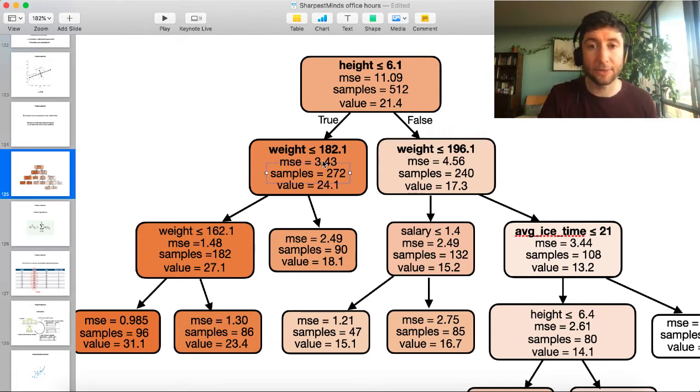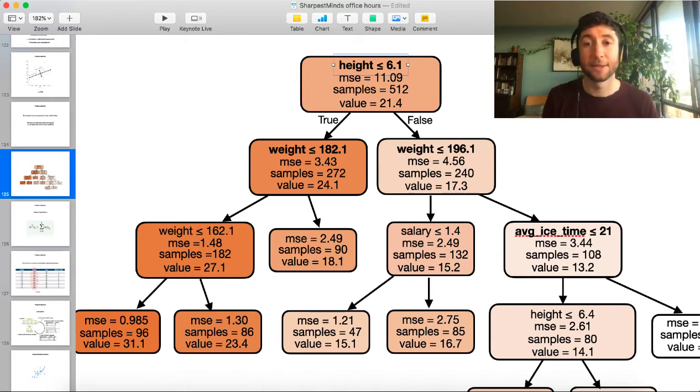I will calculate the average number of goals scored by players in each bucket, and see how wrong that is on average, the mean squared error of that prediction for each bucket. Then I'll take the weighted average mean squared error of these buckets, and that gives me a single number that tells me how good that original question was.